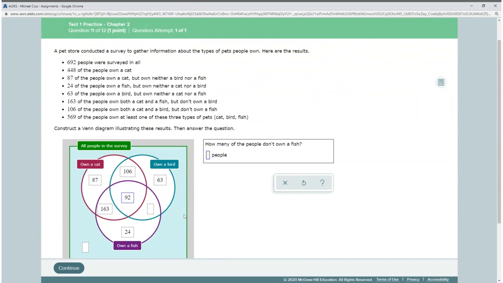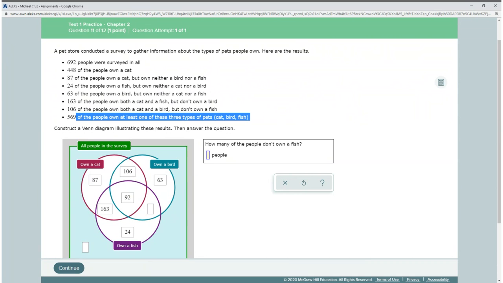All right, now we can get this one by using that last one there. Because what that is essentially saying, when we say at least one, it means the union. In other words, all of these numbers in here have to add up to 569. Now, if I had been writing these down, I might not have to do this, but we have to add all the numbers that we got so far. 87, 106, 63, I'm going across the top.